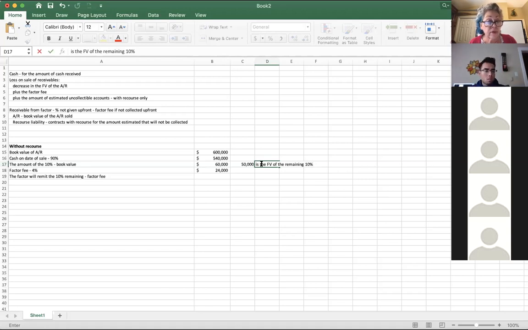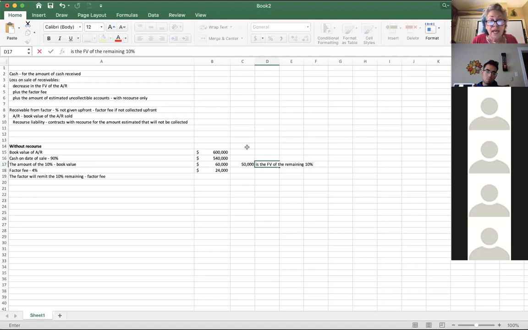You see that in the book? Okay, so the fair value is given. As I said before, you will not have to calculate the fair value. You don't have the skill sets yet to do that. So the 50,000 is the fair value of the 60,000.